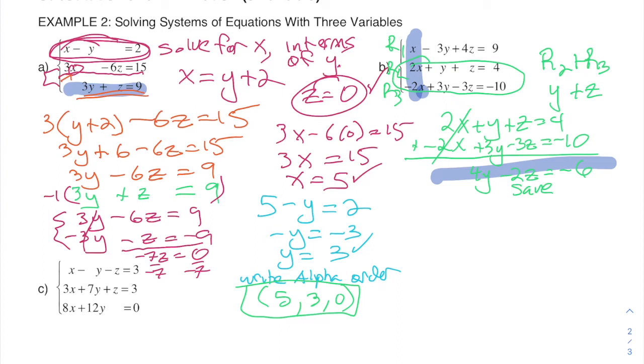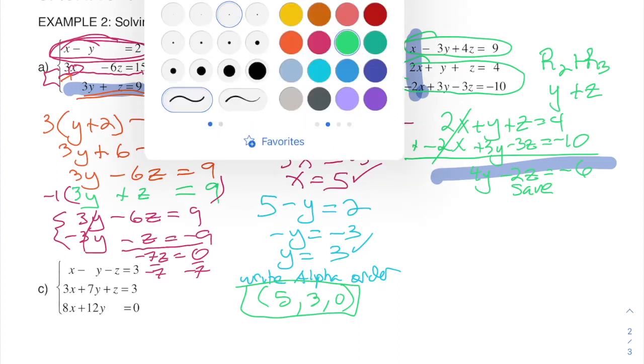Now if I look at R1 and R2, or even R1 and R3, I could do the same thing, manipulate this top equation, and solve for again y and z. So let's go ahead and do 2 times row 1.